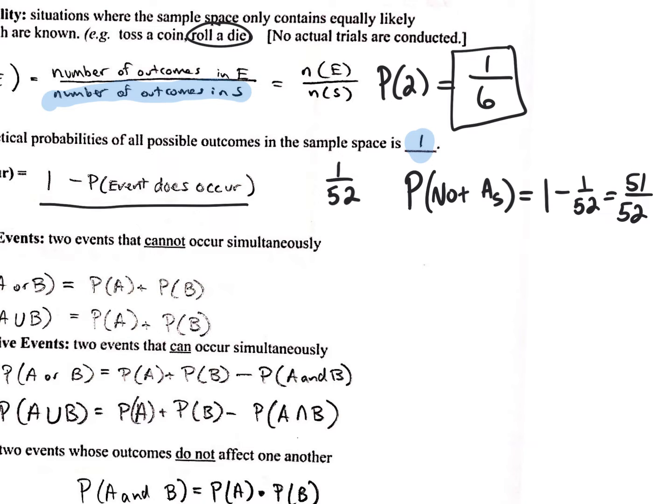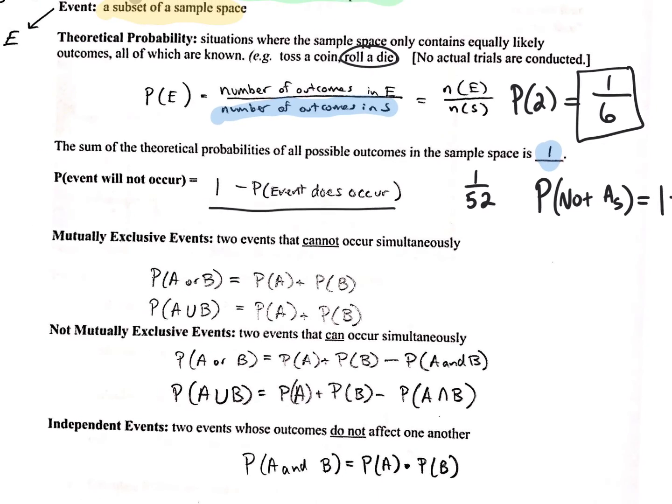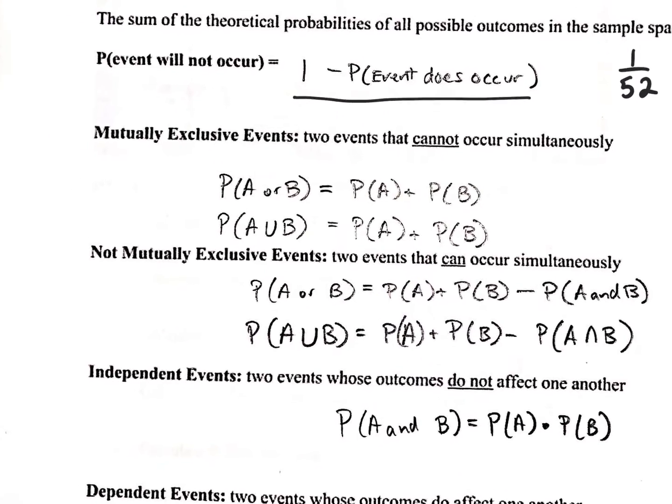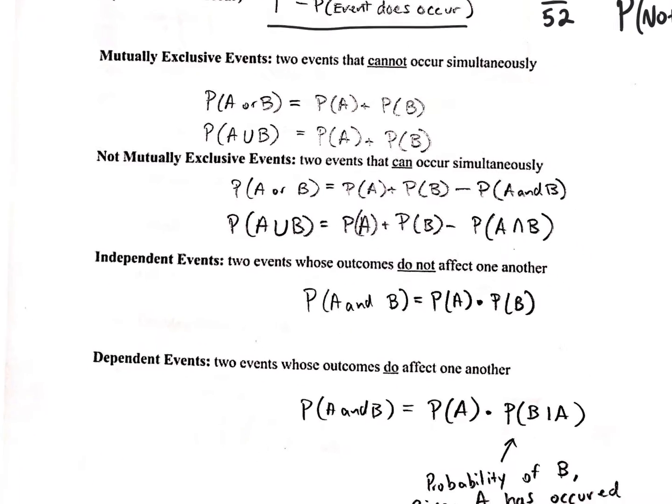Rather than adding up all the cards that are not an ace of spades, I can simply say that the probability of getting the ace of spades is 1 out of 52, and everything else, 1 minus 1 out of 52, gives me my probability that I don't get that ace of spades. There are some other definitions here that we need to get comfortable with.